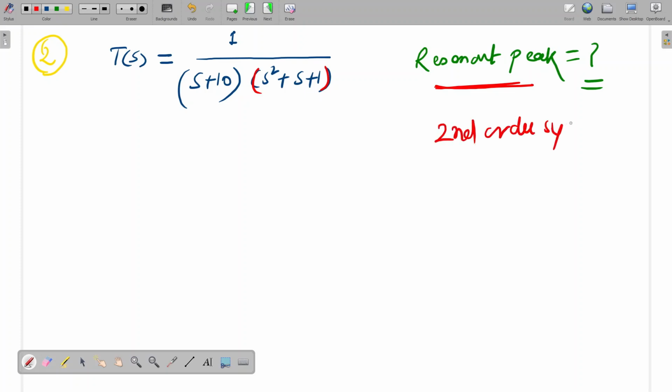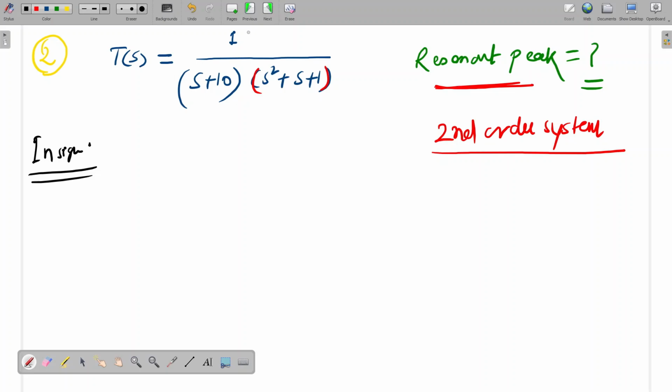So what can we do here to make it a second order system? Already I have taught one concept of insignificant pole. I think you remember. Yes, sir. So we have to use that concept, insignificant pole, and we can make it a second order transfer function.